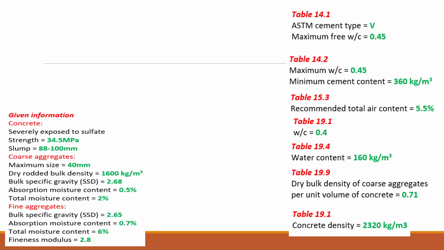So we discussed the shrinkage resistance. We discussed what else? Low heat cement. So likewise, there are different types of cement. So ASTM type 5 is a kind of cement. I can't remember what that is, but if you type it in Google, you will be able to find out what that cement is.